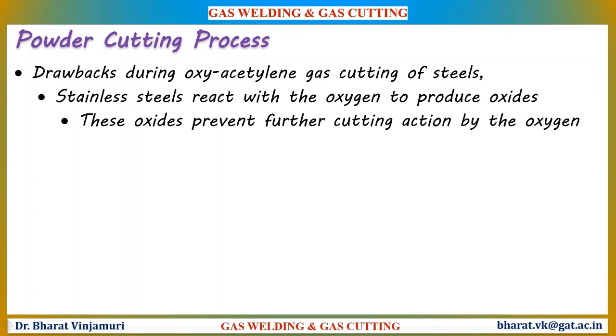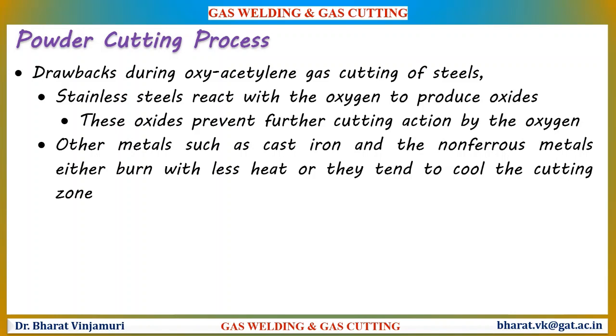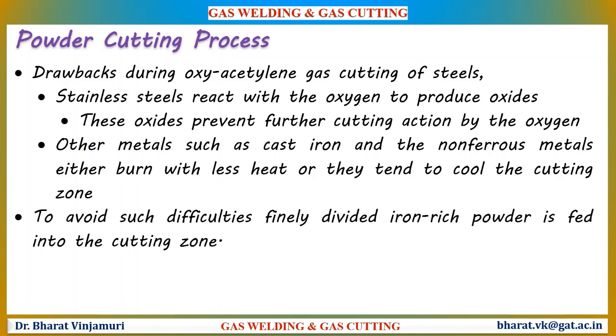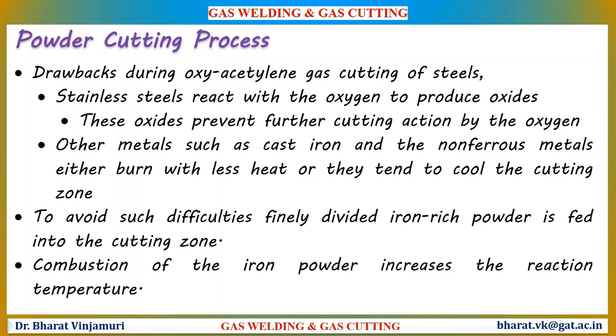Other metals such as cast iron and few non-ferrous metals either burn with less heat or they tend to cool the cutting zone itself. So, to avoid such difficulties, a finely divided iron-rich powder is fed into the cutting zone. The combustion of iron powder increases the reaction temperature.